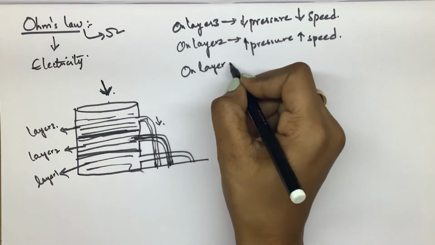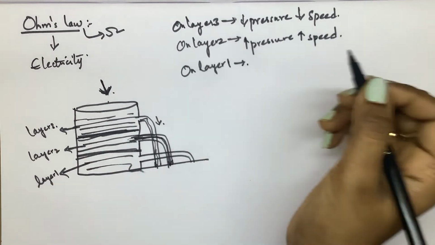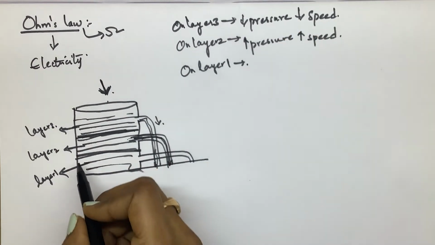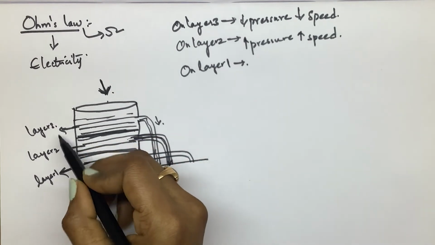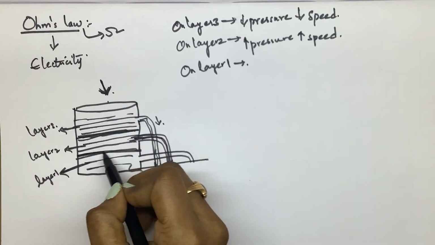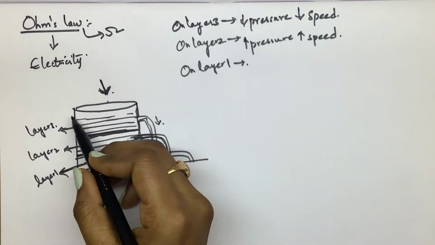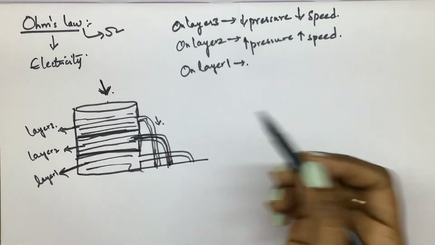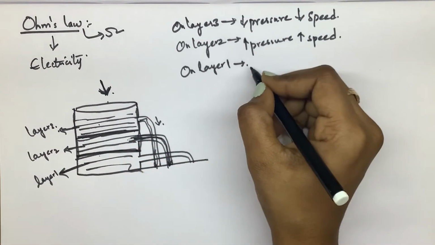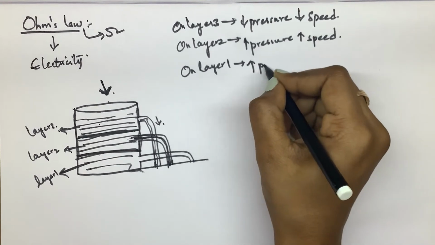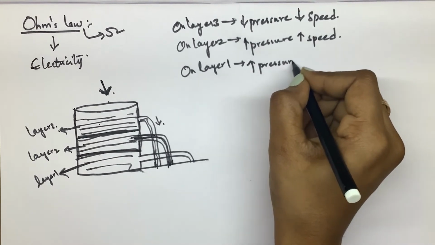According to layer 1, the net weight of layer 2 plus layer 3 was formed above layer 1. So the pressure was increased as compared to layer 2.